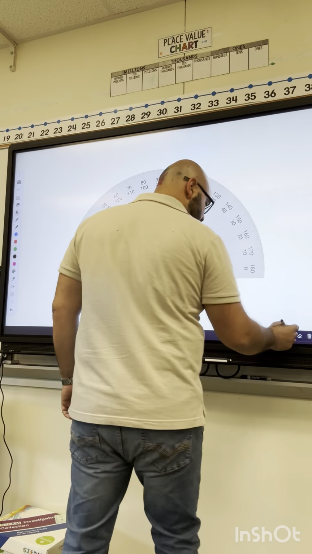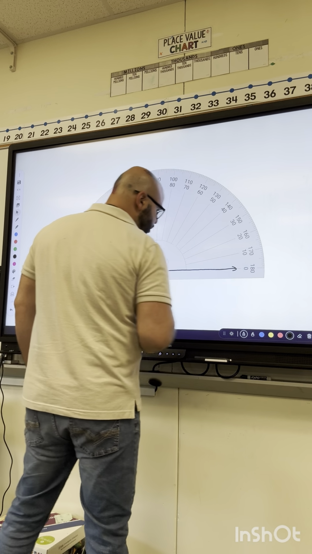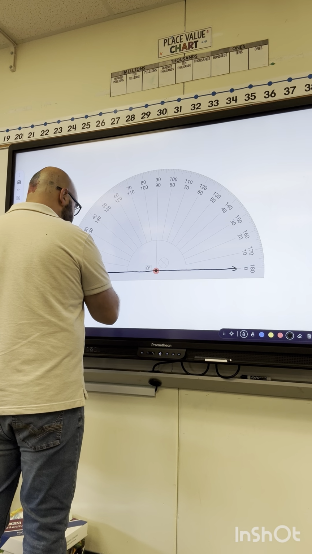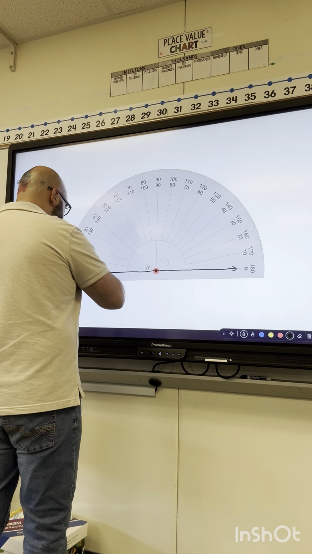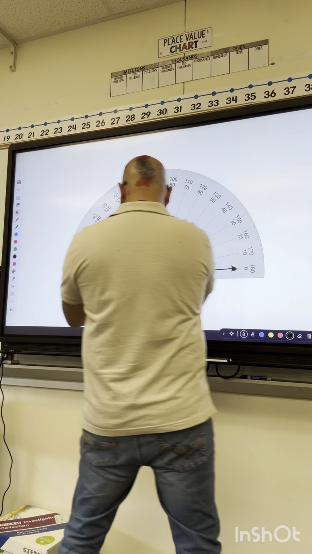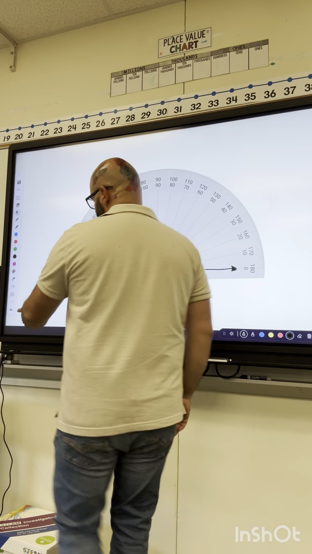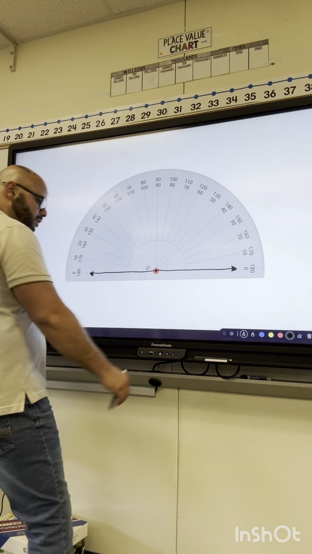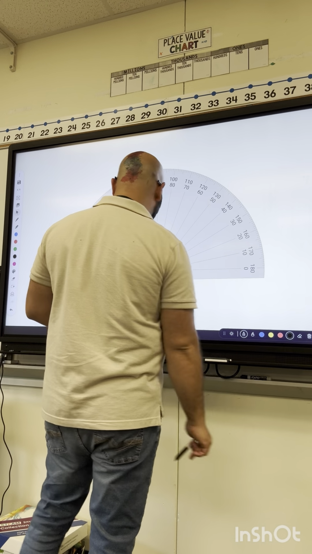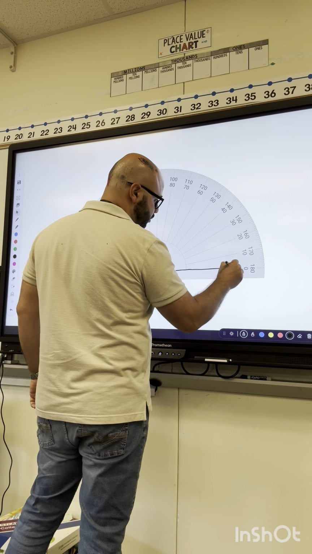This line on the bottom is your baseline, the line that you're going to match with the angle you have on your paper. The baseline gets matched with this zero line. No matter where you go, whether you want to use the left side or right side of this protractor, if you want to use the right side of the protractor, okay?